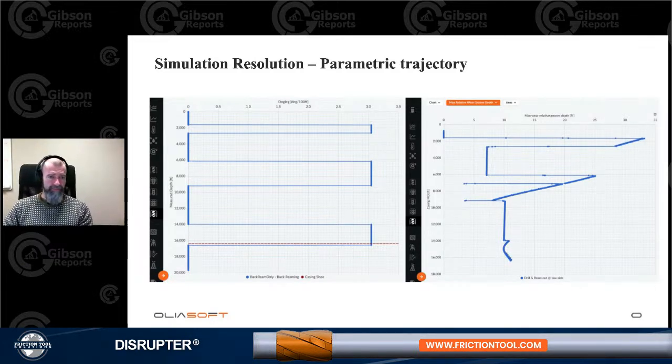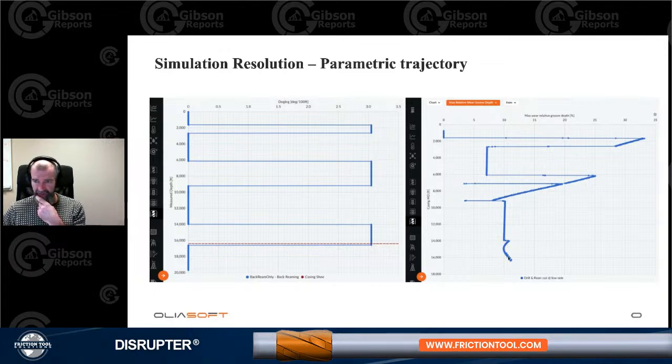So back to the parametric trajectory. Just to recap, we have the dog legs on the left side here, and on the right-hand side we see a wear groove analysis, where we've plotted the groove depth as a percentage of the wall thickness of the casing.